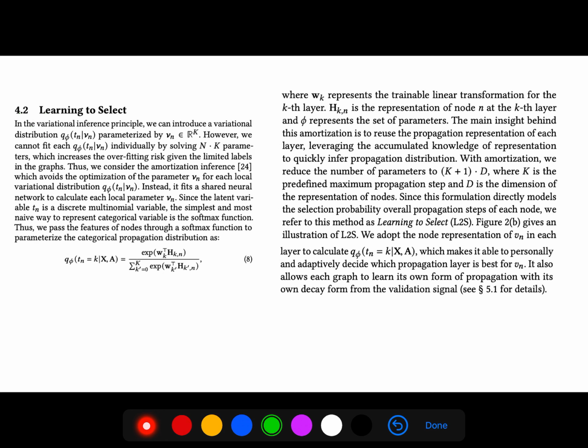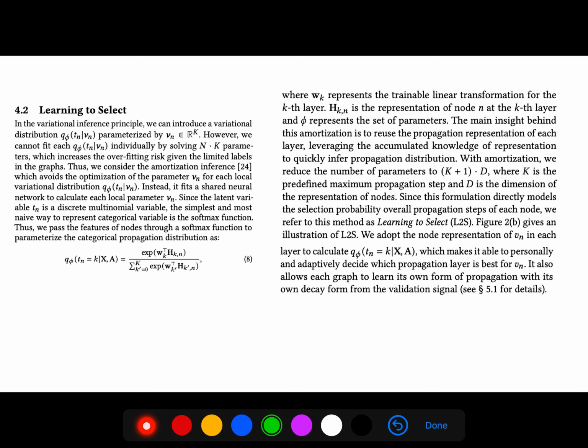However, we cannot fit each Q individually by solving n times k parameters, which increases overfitting risk given the limited labels. So we consider amortized inference, which avoids the optimization of the parameters v sub n for each local variational distribution.